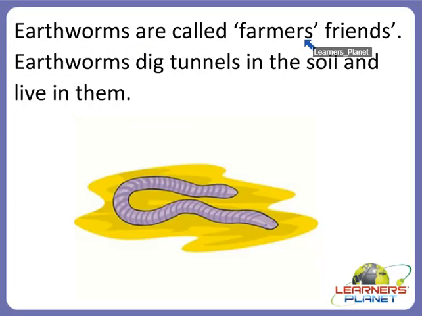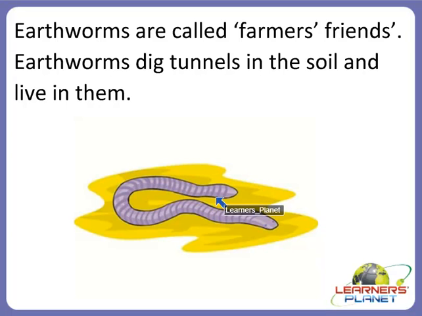Okay children, earthworms are called farmers' friends. So children, this is a picture of an earthworm. Children, why are earthworms called farmers' friends? Because earthworms dig tunnels in the soil and they live in them.